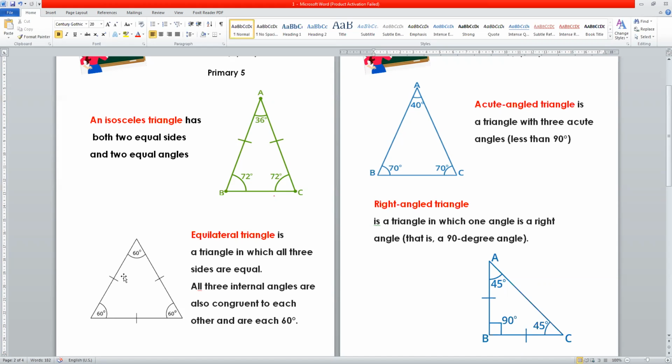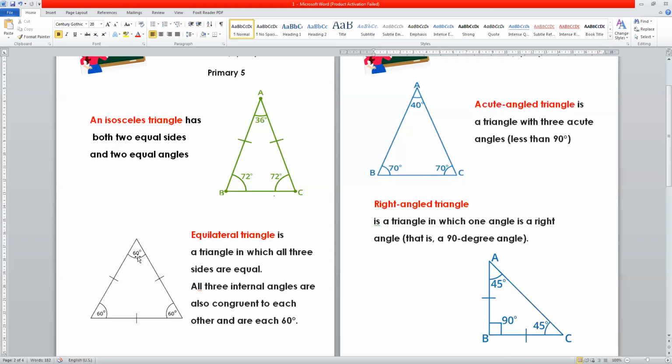We know that the sum of all the angles in a triangle has to be 180 degrees. So if we want to make all the internal angles of a triangle equal, then we just have to make 180 degrees divided by 3, which is 60 degrees.